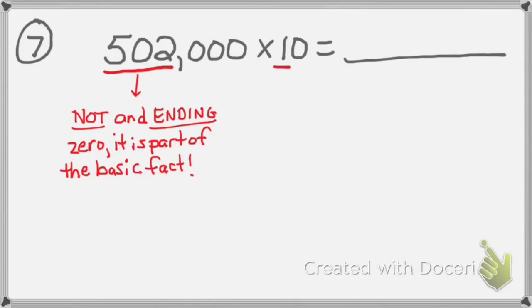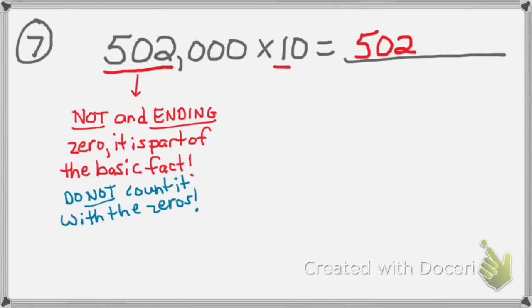In 10, my basic fact is 1. 502 times 1 equals 502. Now we can count those ending zeros. And again, if it's not part of the ending zeros, you don't count the zeros. So I'm going to count just my ending zeros, which is 1, 2, 3, plus the 1 in 10 makes 4. I'll tack on those ending zeros. 1, 2, 3, 4 ending zeros.